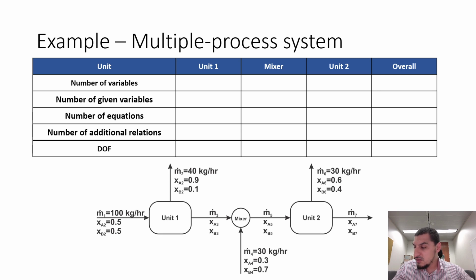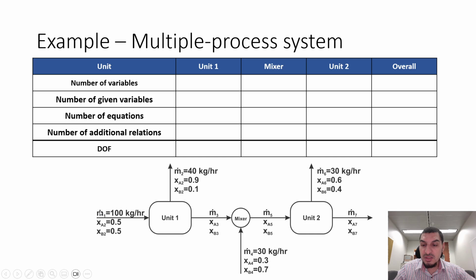So let's take it one by one. The first unit that we have is unit 1. So we care about this boundary, this unit. What goes in and out of this unit are streams 1, 2, and 3. Now let's count the number of variables. We have 2 here, because we have 2 components, 2 here, and 2 here, so this is 6 variables.